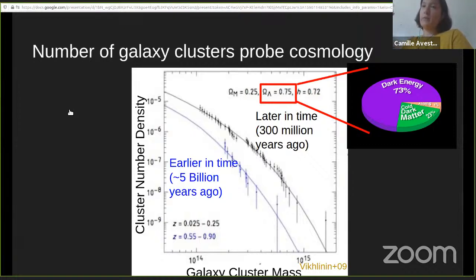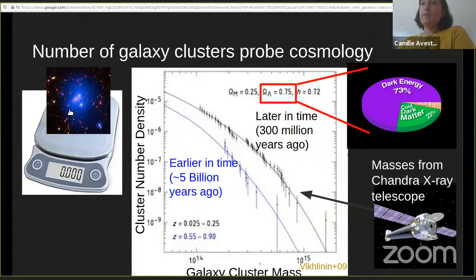Hierarchical structure formation means that you have more objects of any given mass further on in time. Data points correspond to the X-ray data, and the solid lines are what you get out of your models and emulators. You try to figure out what set of cosmological parameters best describes the data you're seeing. That's highlighting here the Omega lambda that popped out of that.